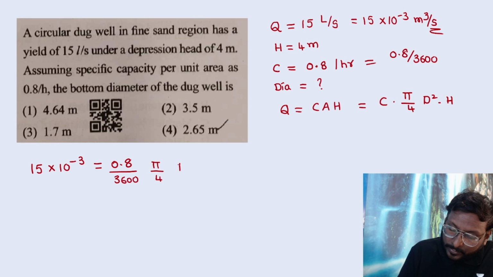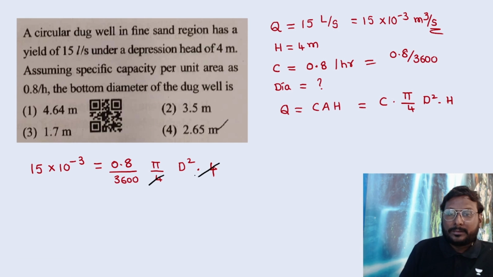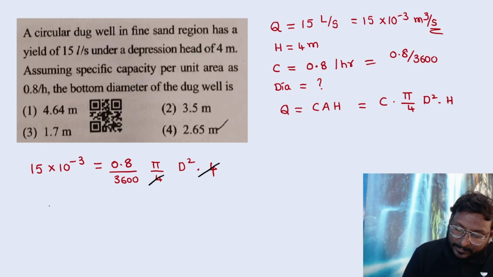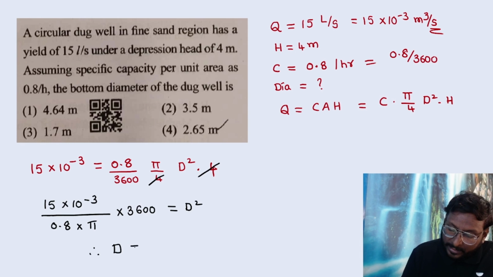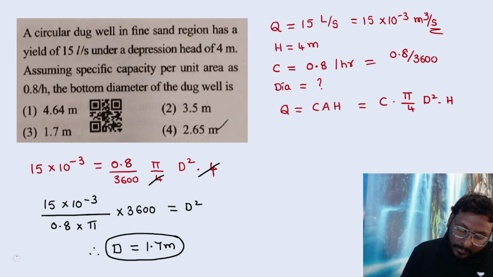So 15 into 10 raised to minus 3 by 0.8 into pi into 3600 is equal to D square. After solving you get D equal to 1.7 meter.